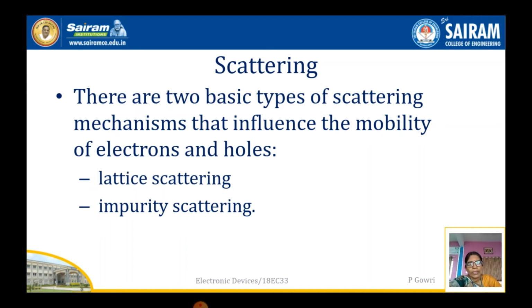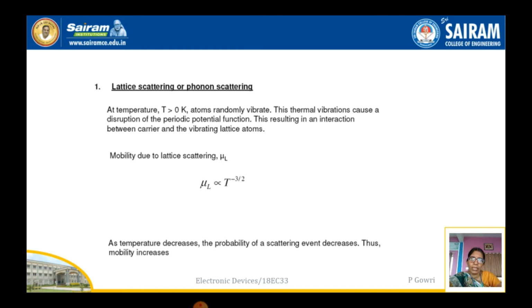So how it affects the mobility of the charge carriers. We will first see what is lattice scattering. At 0 degree Kelvin, the atoms in the crystal lattice will be vibrating. This vibration will result in the disruption of the potential function.